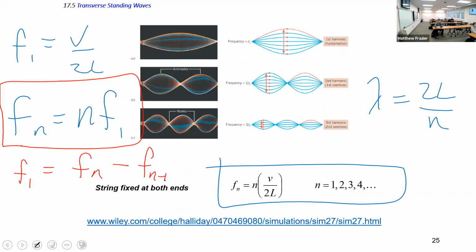When we talk about these patterns, which harmonic, when we say n equals 1, that is the n equals 1 mode, and then the n equals 2 mode. So you may see that terminology.